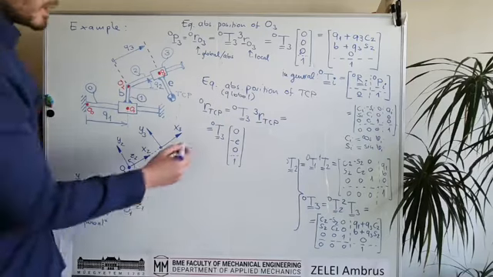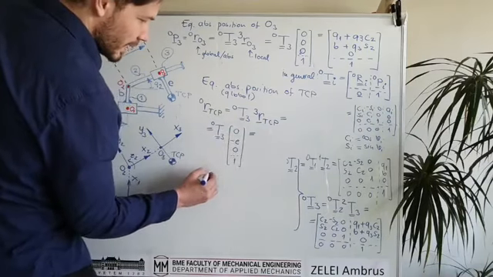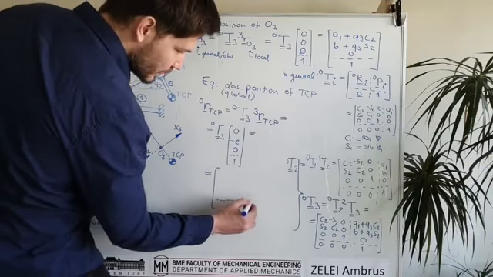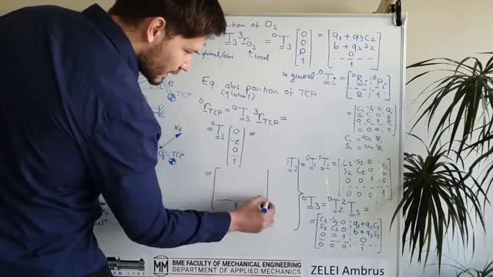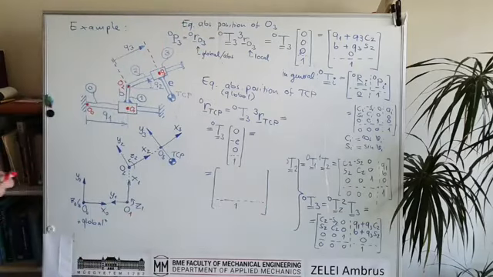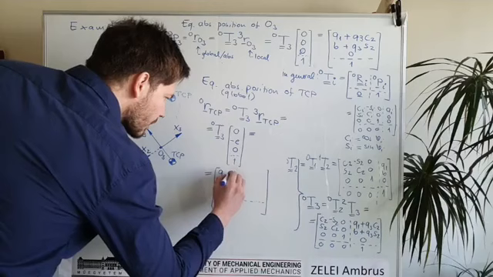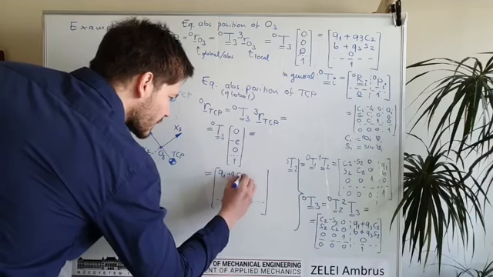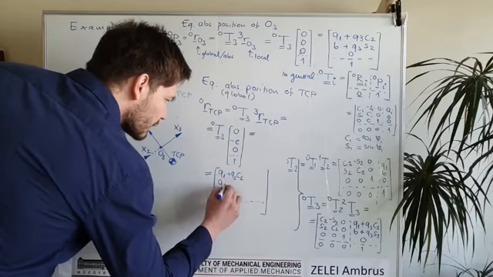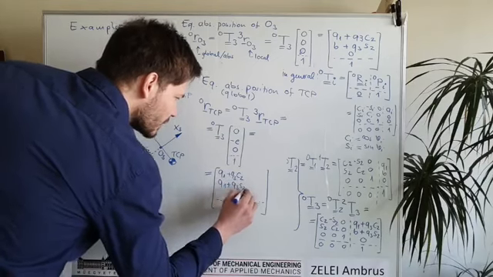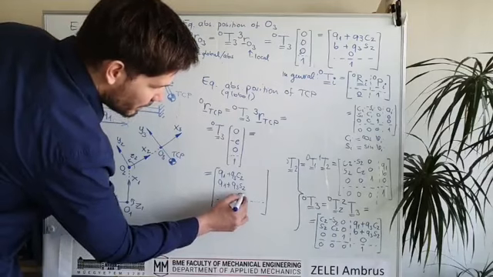And then if we do this multiplication, we will have a position vector which gives us the absolute position of the TCP. So this will be Q1 plus Q3 times cosine Q2, and Q1 plus Q3 times sine Q2, and the third component is 0.